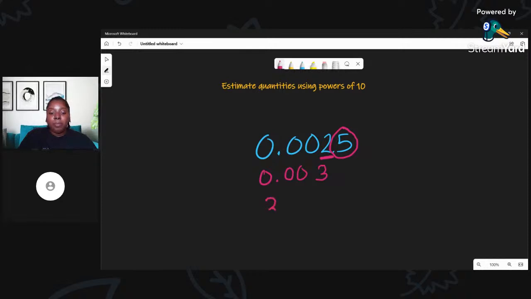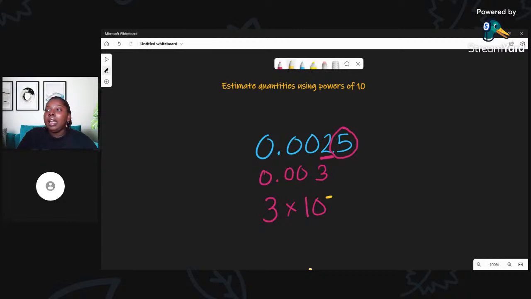So just like before, we're going to write 3 times 10 to the something. Now, instead of counting the zeros, this is what we do. How many times do we have to move the decimal to make it a whole number? Okay. So let's see. 1, 2, 3. Or we can go backwards. So since I'm moving backwards, we make it a negative.